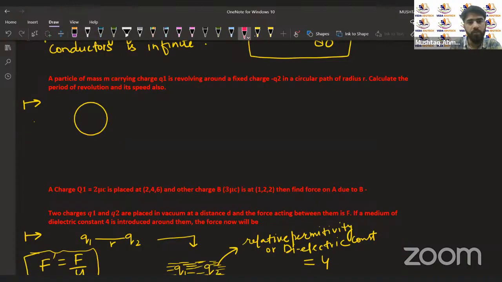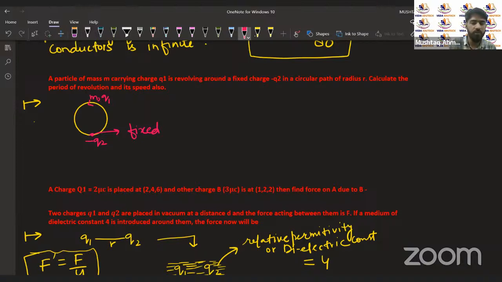A particle of mass M carrying charge Q. हमारे पास एक particle है, mass M and charge Q1, is revolving around a fixed charge. हमारे पास एक fixed charge है, it's fixed, minus Q2. और ये जो particle mass m है और जिसका charge q1 है, it will be revolving around this q2 charge.